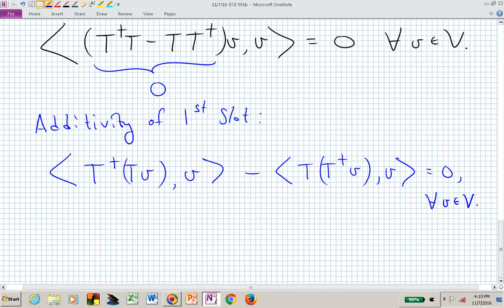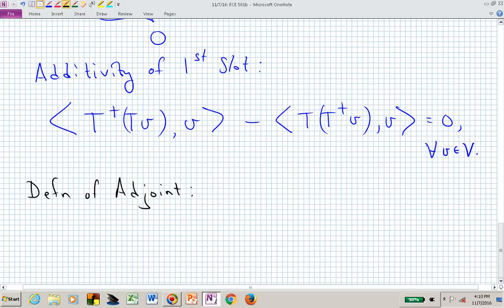Now what we want to do is apply the definition of the adjoint. If I apply the adjoint definition to the first inner product, and let's keep that parenthetical vector TV in the first slot, now what is that inner product equal to relative to the definition of the adjoint?